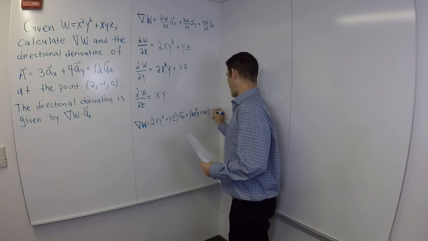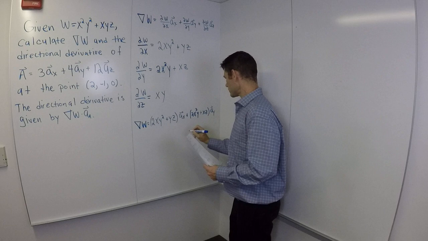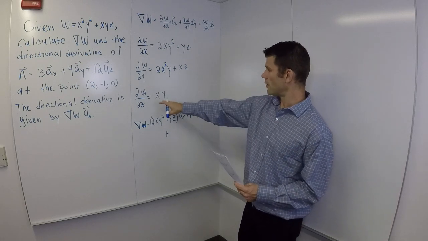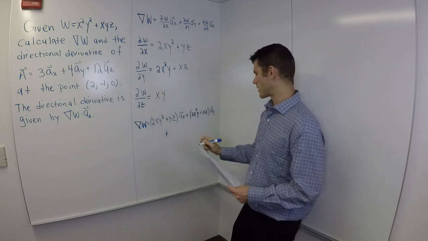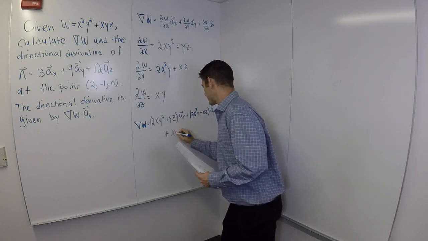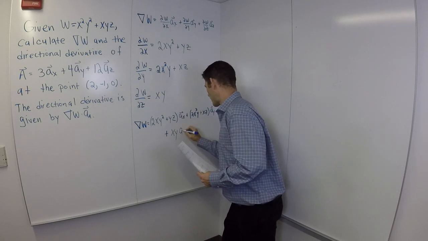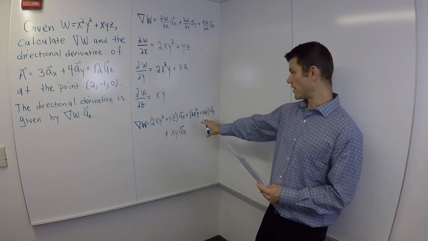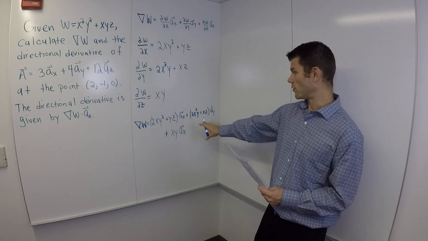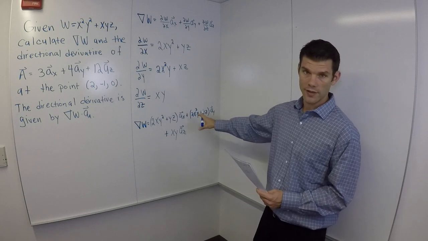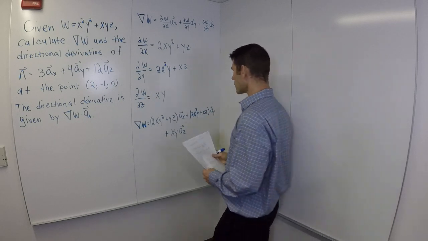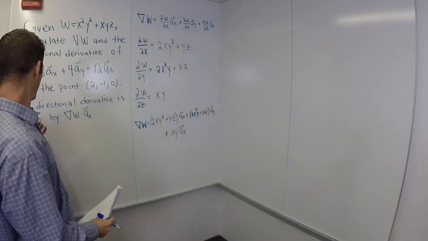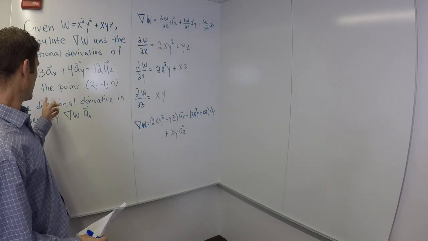That's the partial of y, so we multiply it by the unit vector in the y direction. And then the partial of w with respect to z, we're going to multiply that by the unit vector in the z direction. So this right here is the gradient of w, and you can see that this in itself is a vector field.